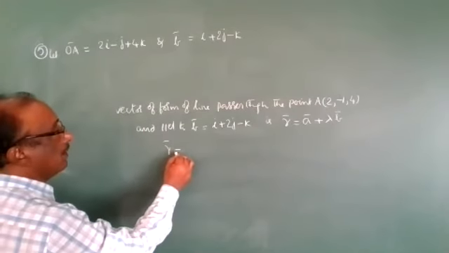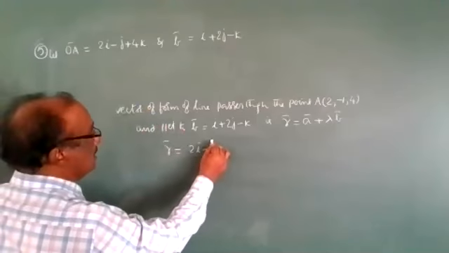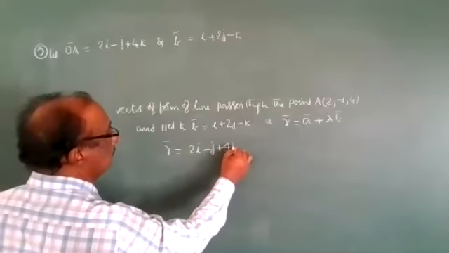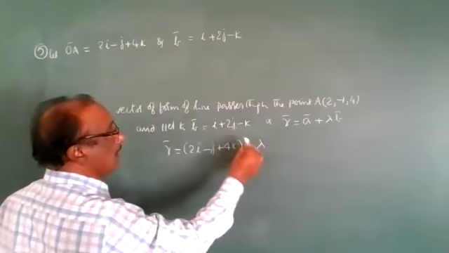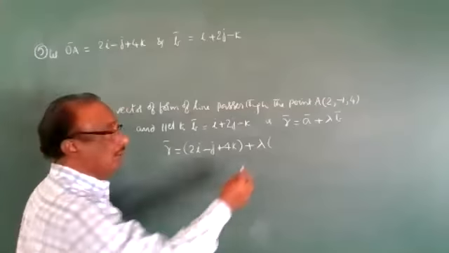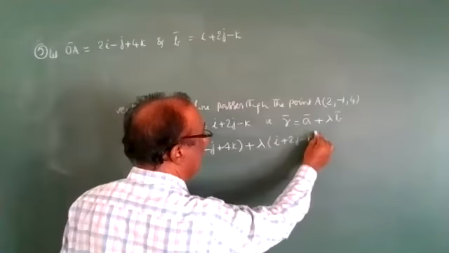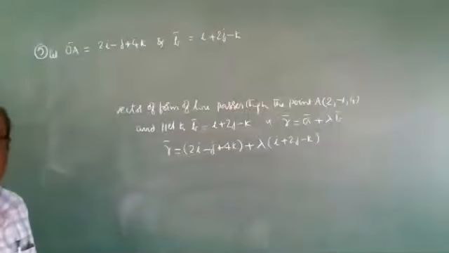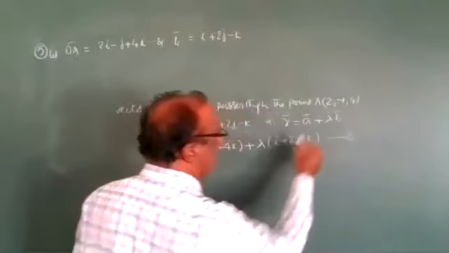A bar is the OA bar, that is 2i minus j plus 4k, plus lambda into B bar. B bar is i plus 2j minus k. Vector form is over.